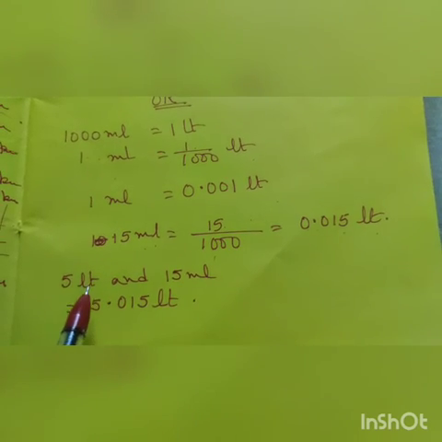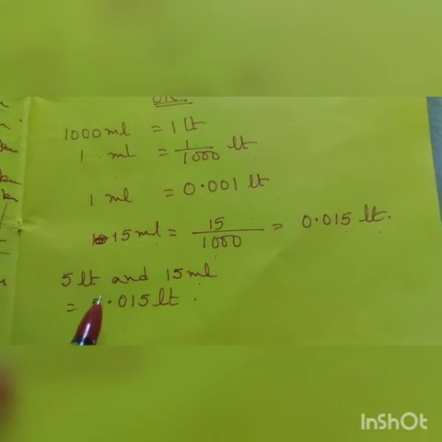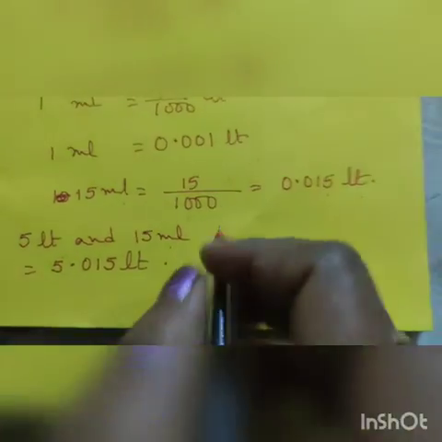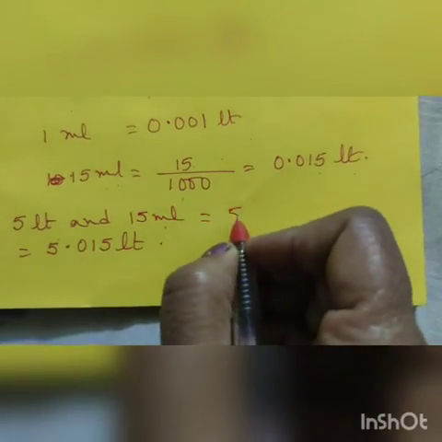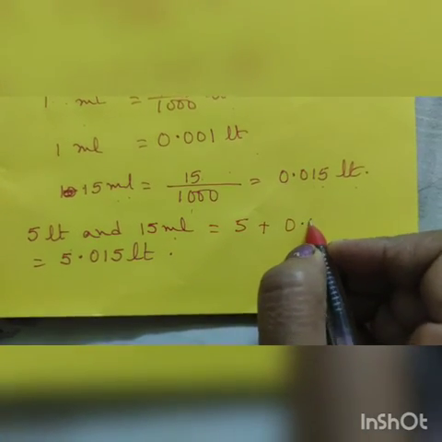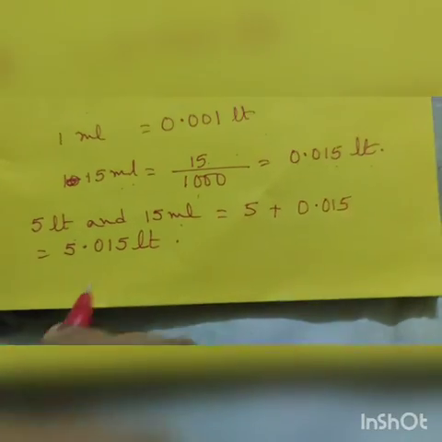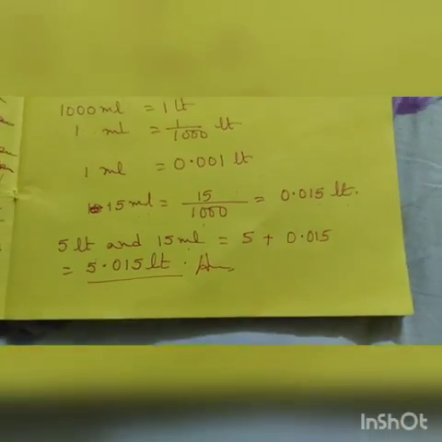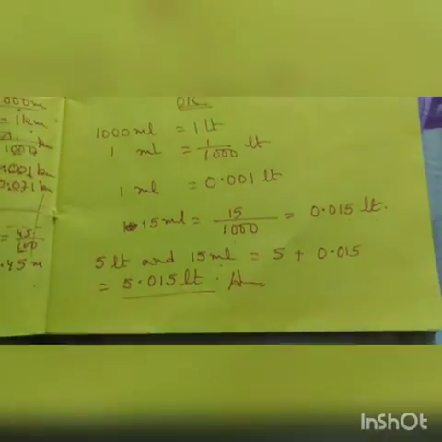So now when we add 5 liter and 15 milliliter, we will be adding 5 plus 0.015. I have skipped one step. This will lead to this answer. Okay. So this is the answer, and this is how you have to convert and then do the sum.